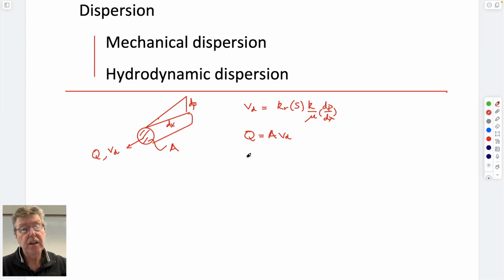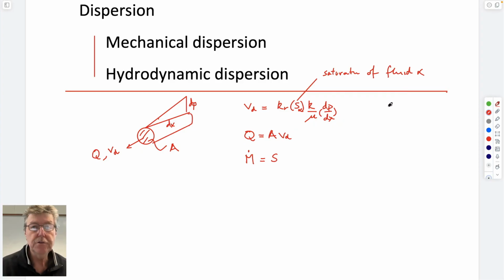And if we wanted to calculate the mass removal rate of a component that's dissolved in water, it would be given by a solubility. So this is saturation of some fluid, I guess we defined fluid alpha, 2 phases, 1 and 2, air and water and DNAPL.